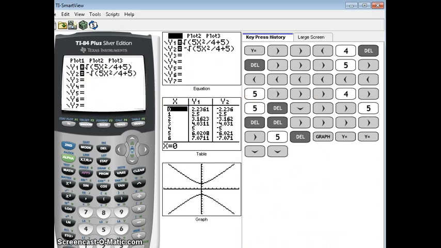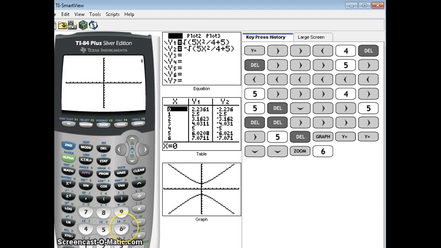Alrighty, here we have our equations in y1 and y2, and let's look at the graph. One hyperbola faced up, one faced down.